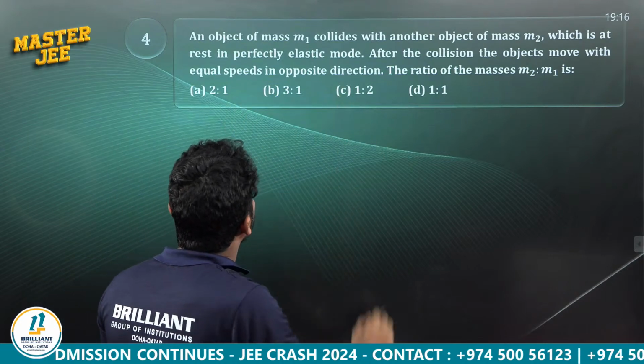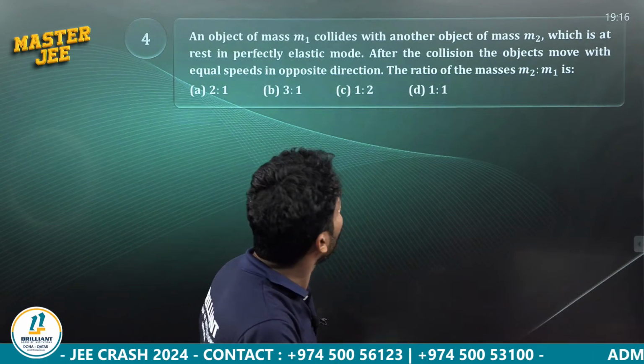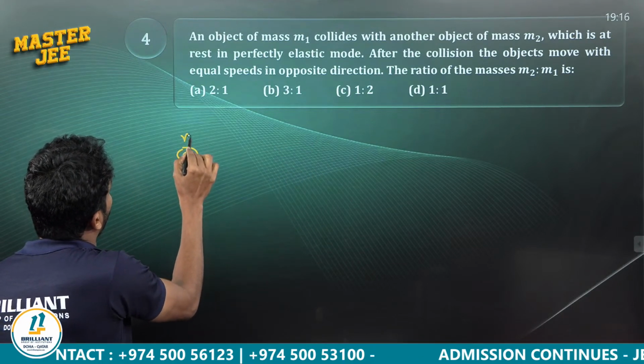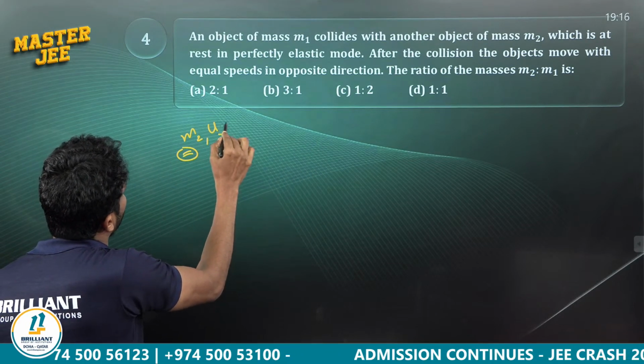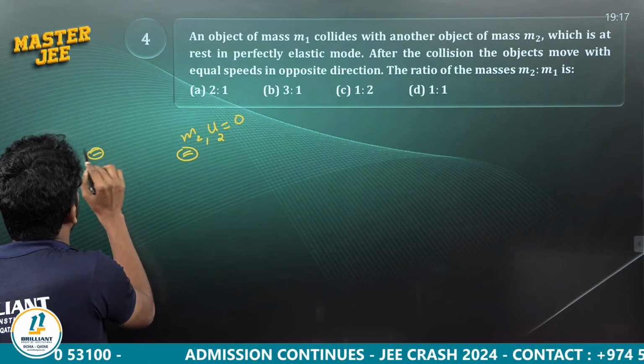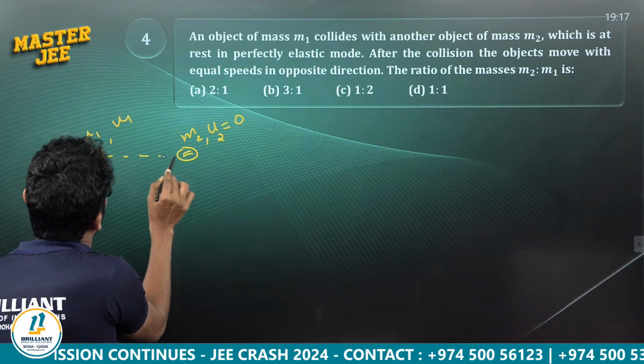An object of mass m1 collides with another object of mass m2 which is at rest. Mass m2 was at rest, so its initial velocity u2 is 0, and mass m1 is moving with a velocity u1 and colliding.